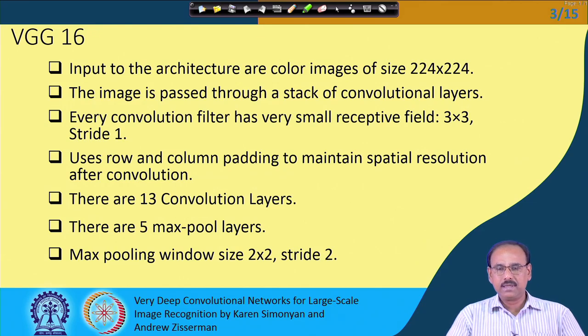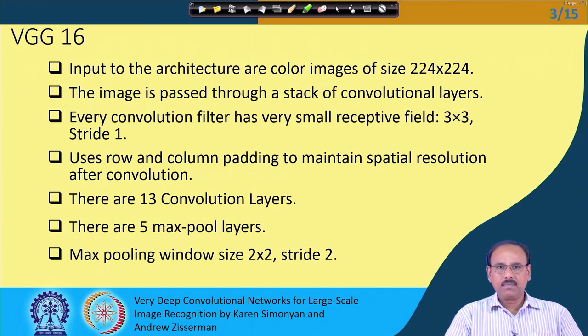That indicates that the receptive field of every convolution kernel is of size 3 by 3. Every convolution layer uses row and column padding so that the resolution of the feature map after the convolution operation remains the same as that of the input feature map.